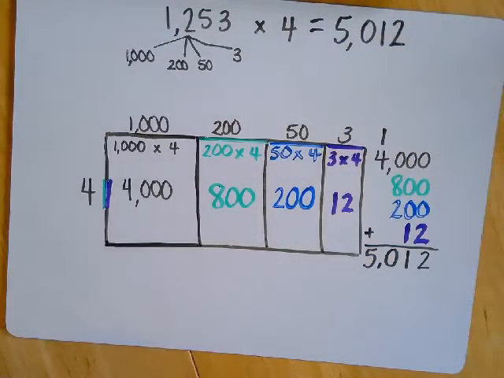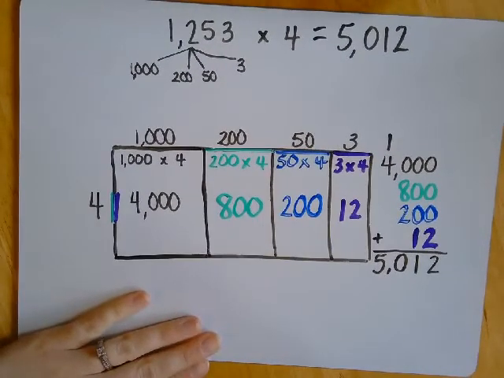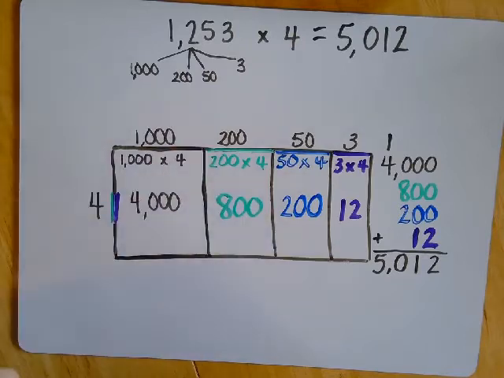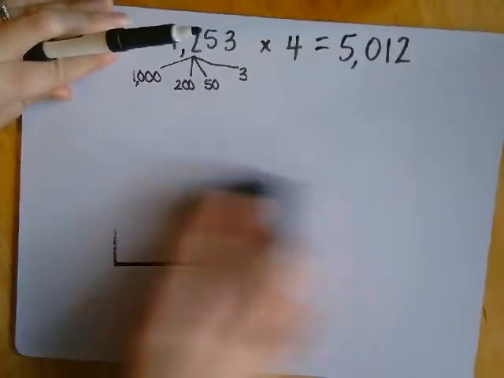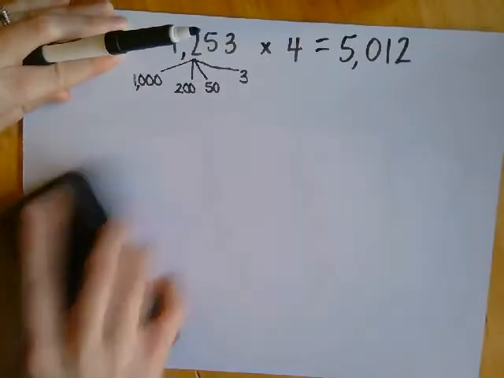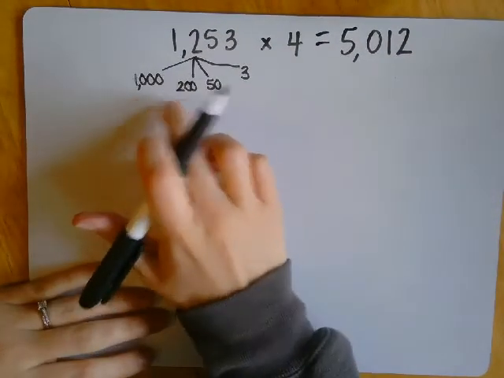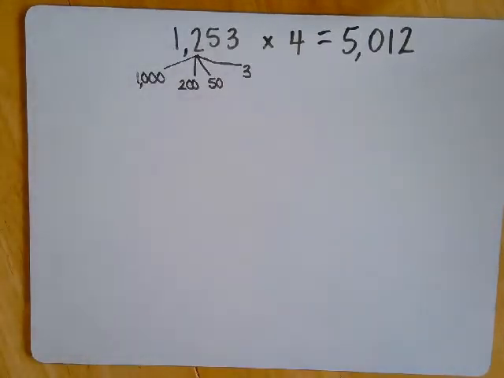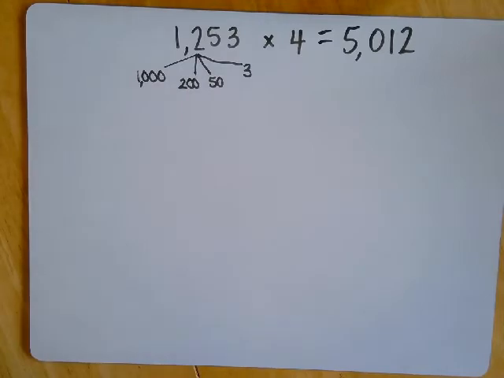And just like I did with the first video, within this one I'm going to show a different strategy, which is just using partial products. So not taking the time to draw the area model, just using the numbers. So I'm going to erase the area model. And I still need these pieces because I need to multiply each of these parts by our single digit here.